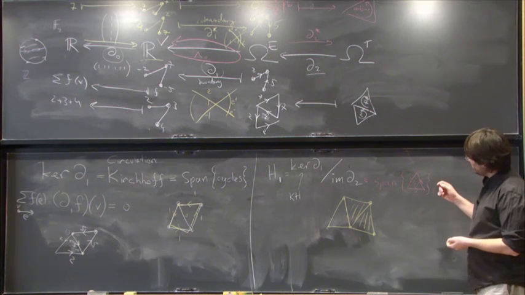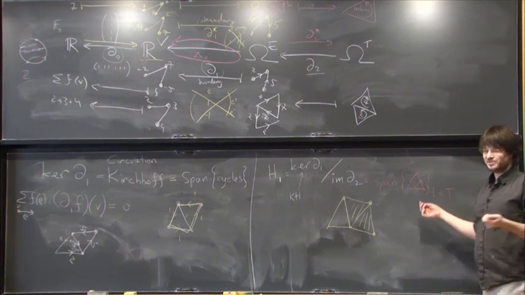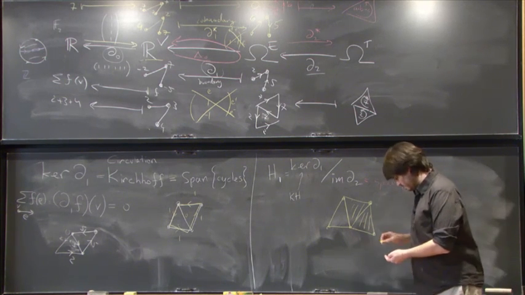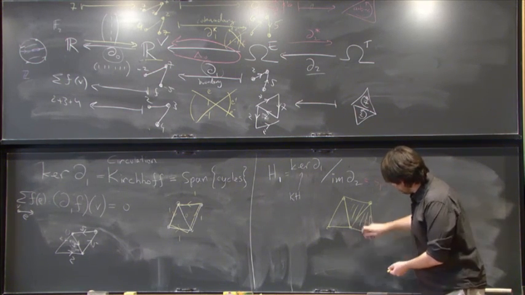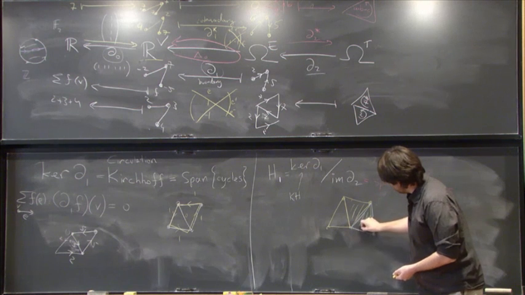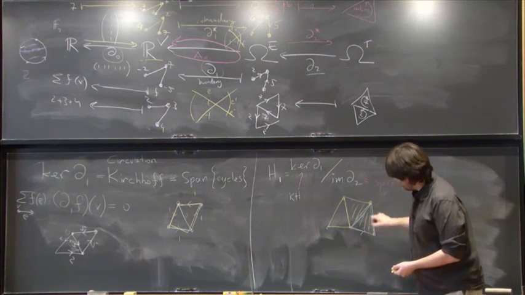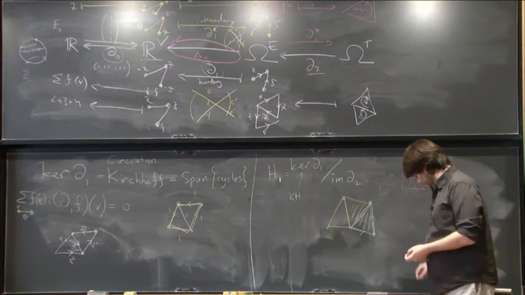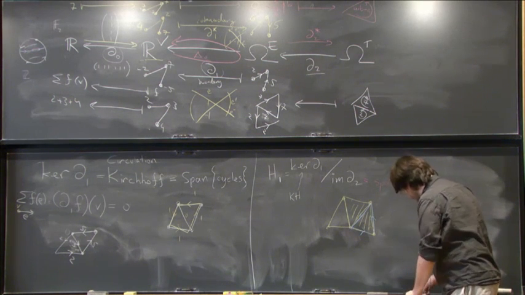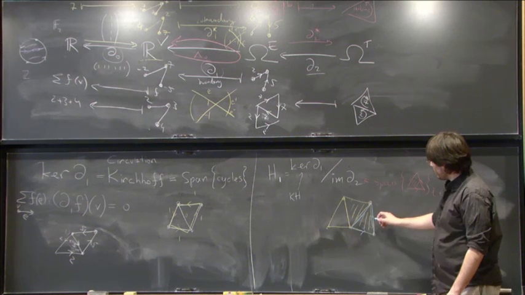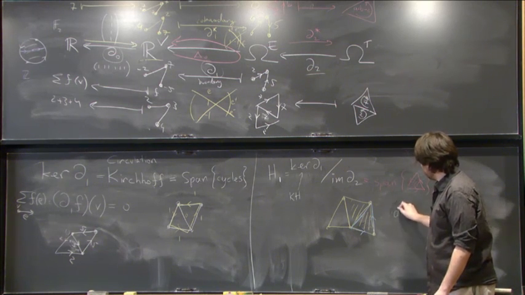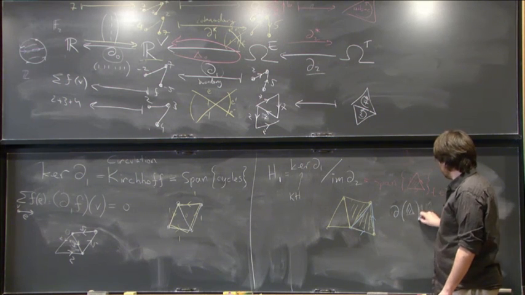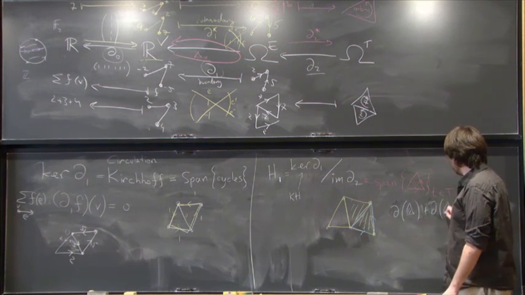So I don't have anything clever to say about this. I'm sorry. But the thing is, the boundary of one triangle is a cycle. So if I take this, I get this cycle. And since I have a span, there is something important to say here. I can also look at the boundary of one triangle plus the boundary of another triangle.